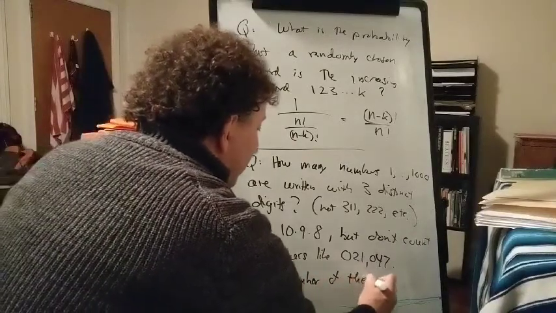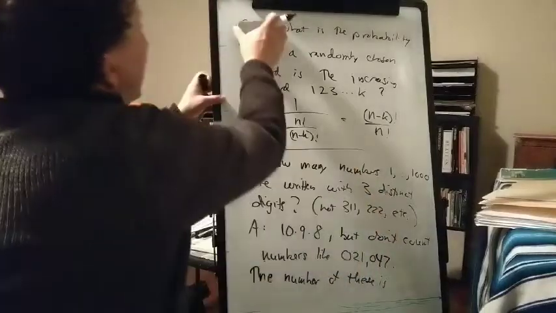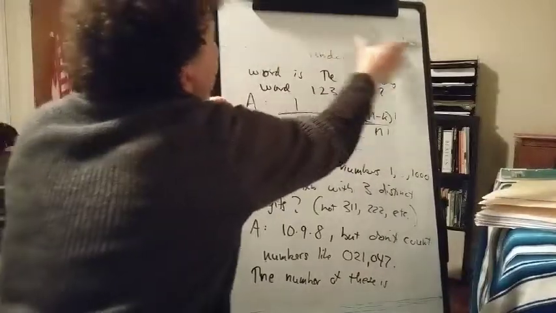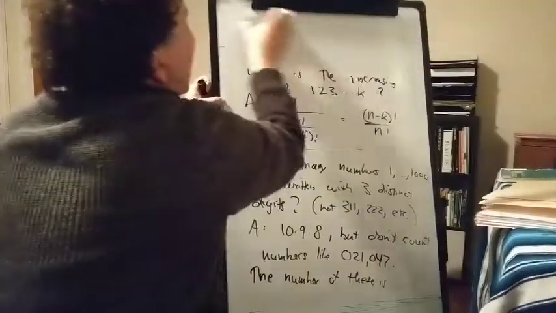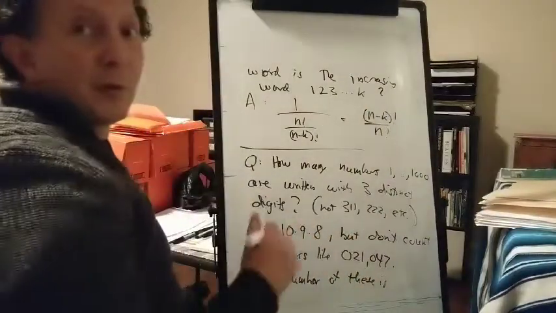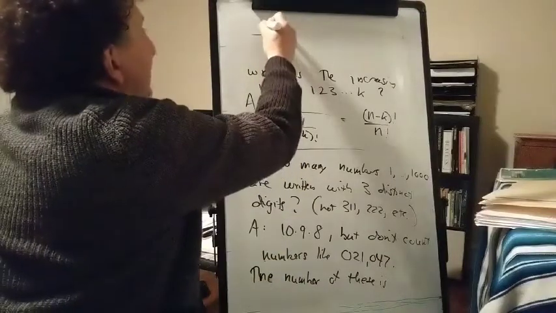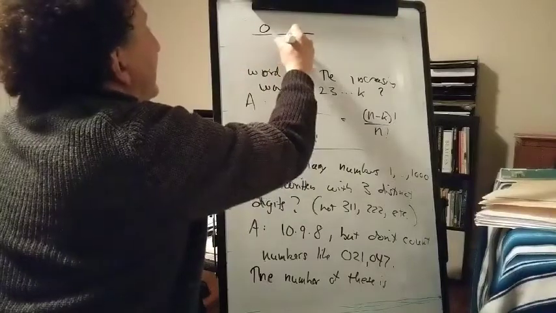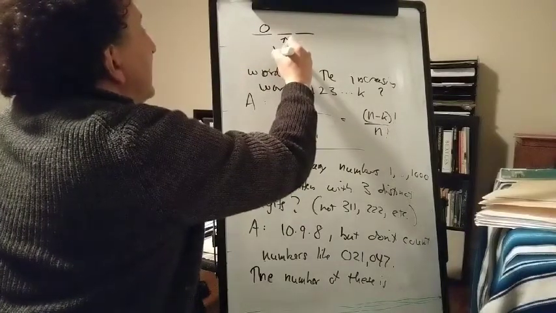So the number of these is, well, let's draw them and see if we can use the picture to decide how many there are. So the first digit is 0. And then the second digit is something 1 through 9.